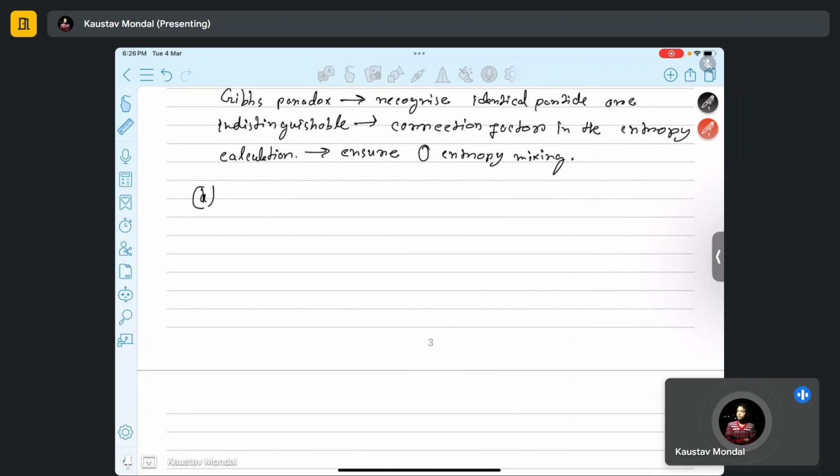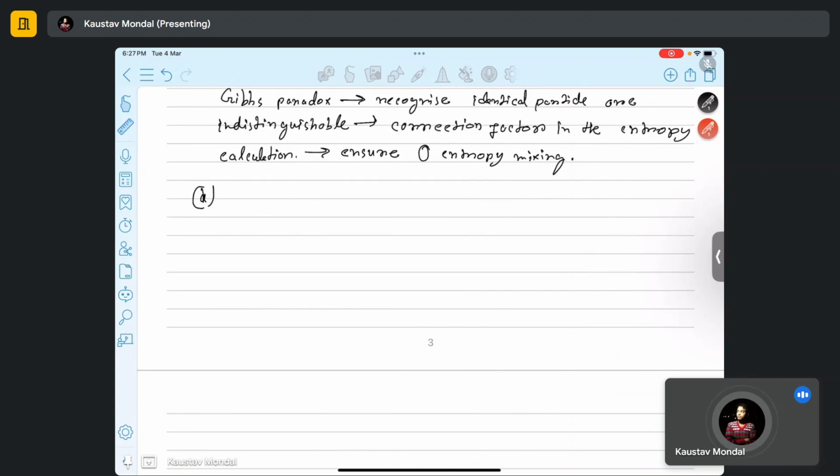The calculation of entropy without this indistinguishability leads to a non-extensive entropy, which violates the expected additive behavior of identical gases. The paradox demonstrates that the additive property of entropy only holds true when the indistinguishability of identical particles is correctly accounted for.